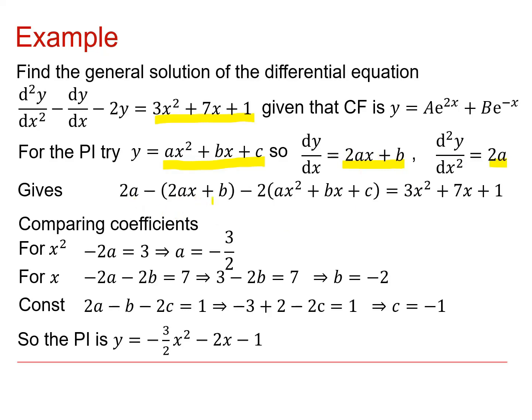Then substituting into the original differential equation, I get this. So here I go through comparing coefficients. From the x squareds, I get a value for a. From the x terms, I can deduce a value for b, and from the constant terms, a value for c. And I get my particular integral as we identified on the previous slide.